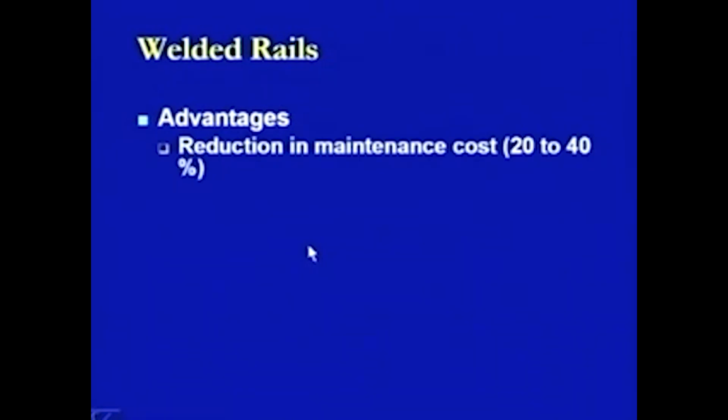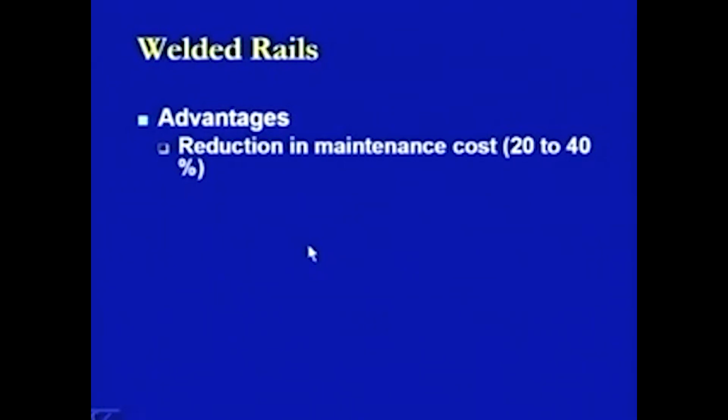Now, what we have seen are the different types of joints where the rails are connected together using fish plates and fish bolts. As we have seen, whatever the condition, whatever type of accessories we use, there remain points of weakness. One thing is that we have to remove those points of weakness as far as possible, and one way of doing that is welded rails. In the case of welded rails, there are certain advantages. One advantage is that it reduces the maintenance cost.